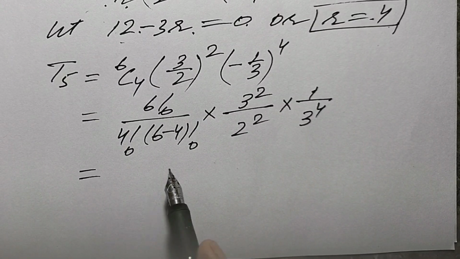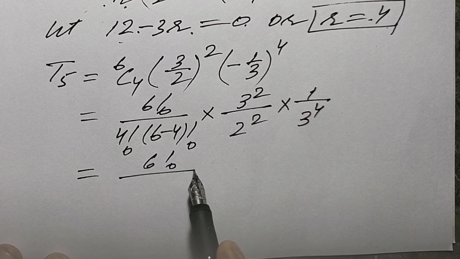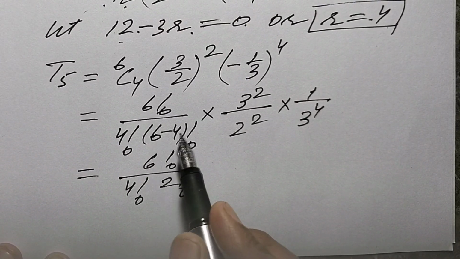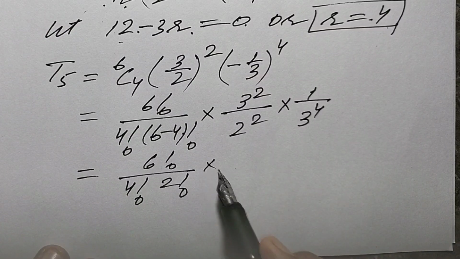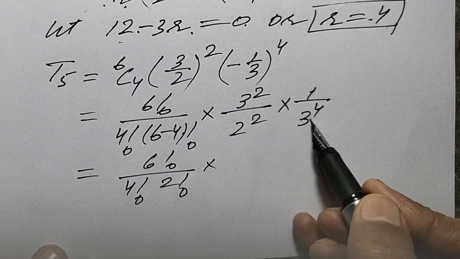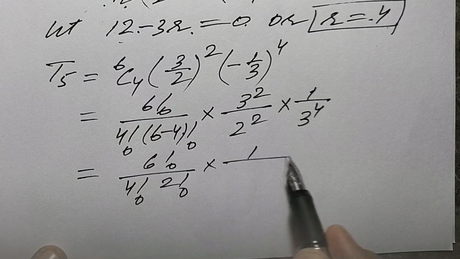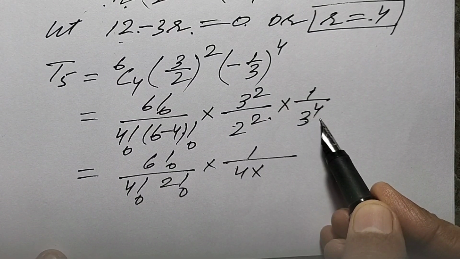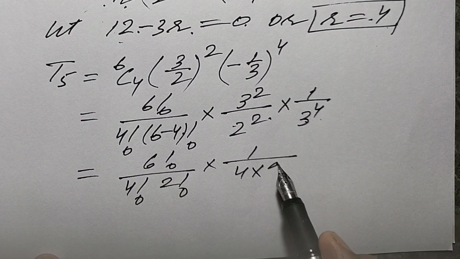Simplifying further, we have factorial 6 upon factorial 4 into factorial 2, and now here 3 square will cancel 2 powers from the denominator, so we have 1 upon 2 square, that is 4, and here is left 3 square, that is 9.